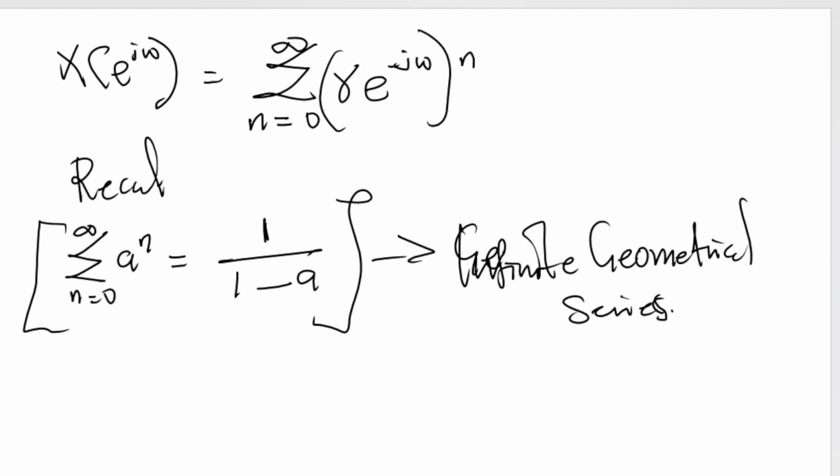If you look very closely, you can see that a here can represent everything here, raised to the power of n, with the condition that this is the summation of n equals 0 to infinity. That is why we recall the equation for an infinite series, which is equal to 1 divided by 1 minus a.